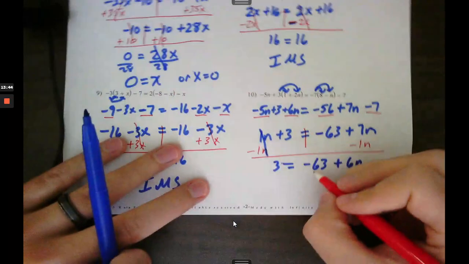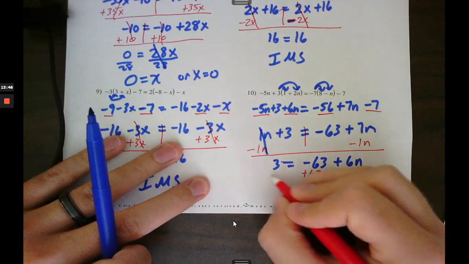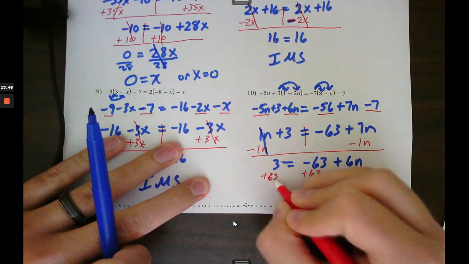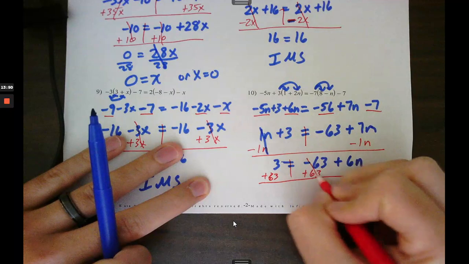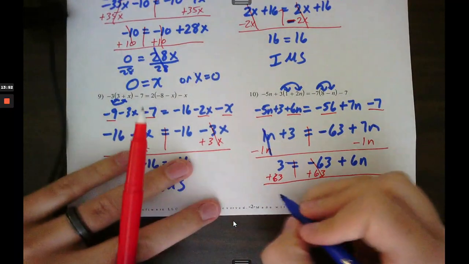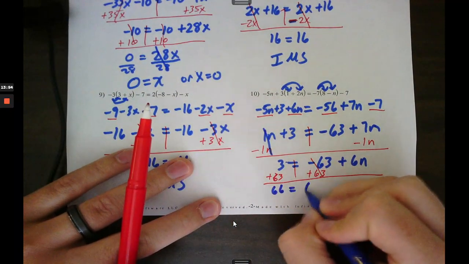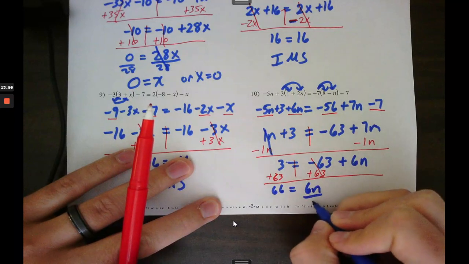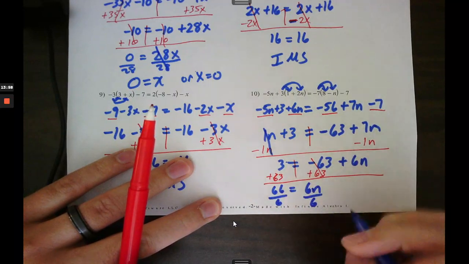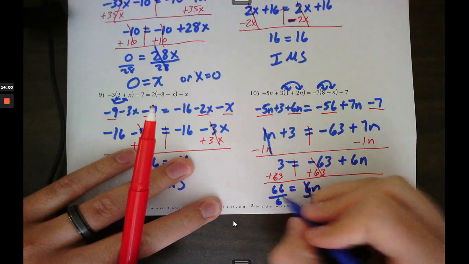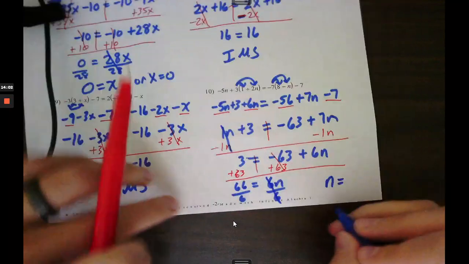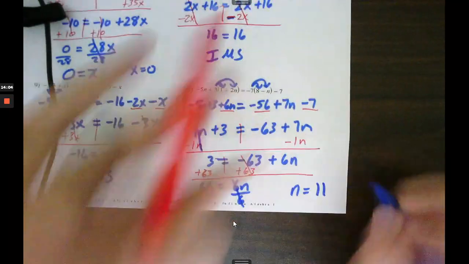And then from there we're going to add 63. And we get 66 equals 6n. Last step is to divide by 6. And we get n equals 11.